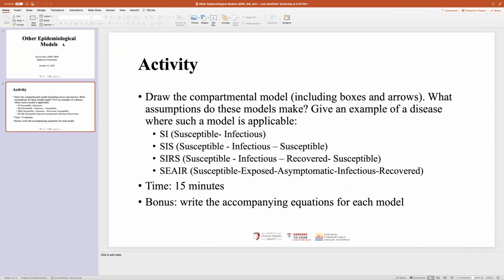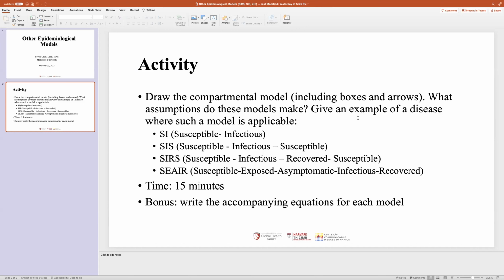And for this, we are looking at other ways of modifying our SIR model. So this is what I want us to do. In the next 15 minutes, I would want us to draw the compartmental model for these models here: the SI model, SIS model, SIRS model, SEAIR model.